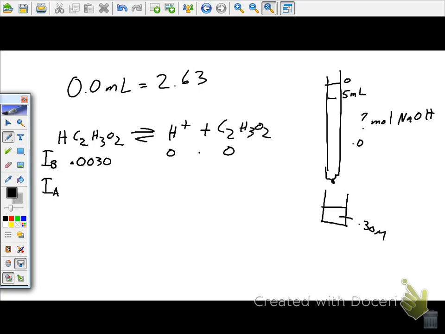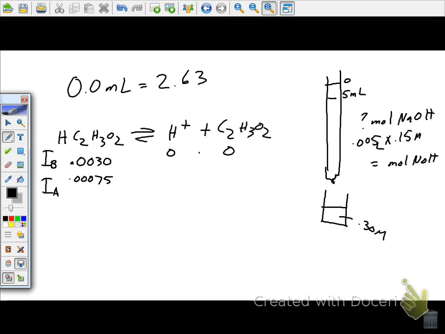That gives you moles of NaOH. So how much? 0.00075, or 7.5 times 10 to the minus 4. Just 75? Yep.